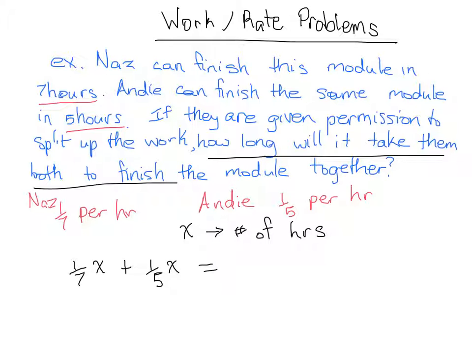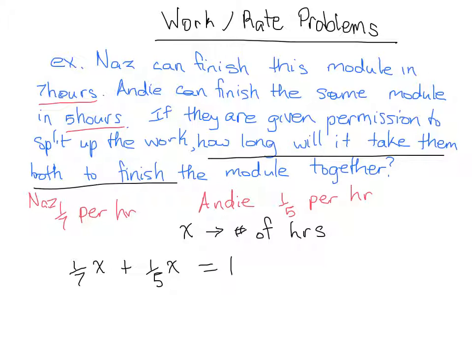Once we put it together, that should be all of the modules that they complete. In this case, they're working to complete one module. So 1/7 x plus 1/5 x should give us that one module. So now all we have to do is solve for x to figure out how long it takes them both to finish the module. All right, so how do we go about doing that?